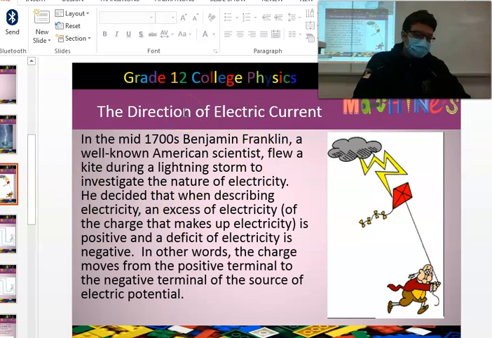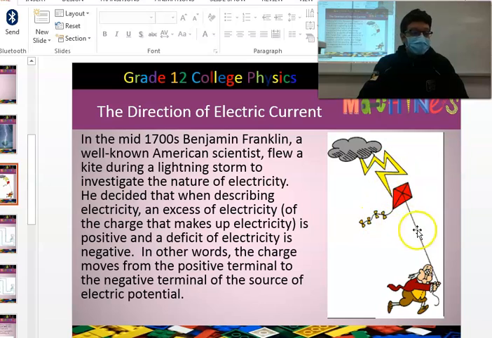Now, here's an interesting story. Everybody knows Benjamin Franklin. He's famous for trying this dangerous experiment, although he did it very, very carefully. He was never at any risk of getting electrocuted by a lightning bolt.